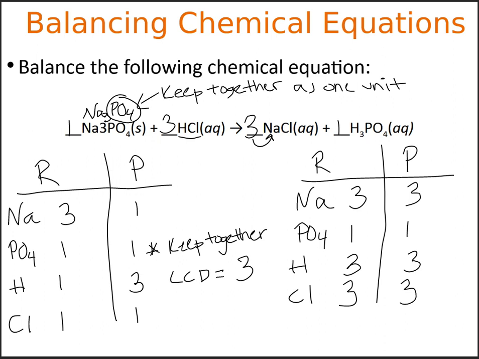So our balanced equation, we have 1 sodium phosphate plus 3 hydrochloric acid molecules, yielding 3 molecules of sodium chloride plus 1 molecule of phosphoric acid. You should be able to name each of these compounds in this chemical equation. So again, you can practice your chapter 6 while you're balancing equations. You can name, you can classify the reaction, and you can balance. So that's a ton of practice all together.